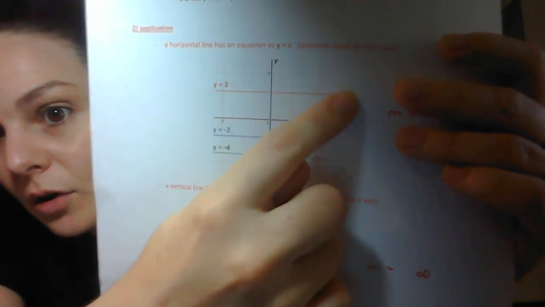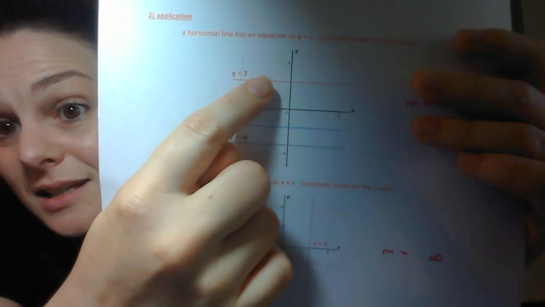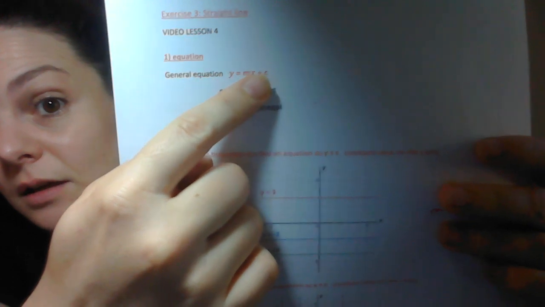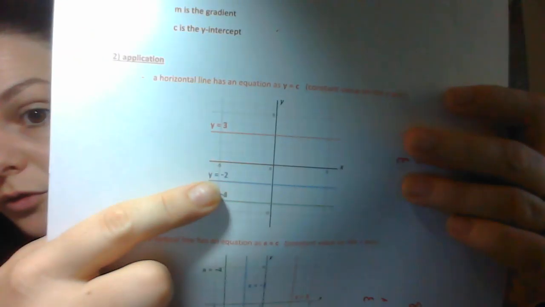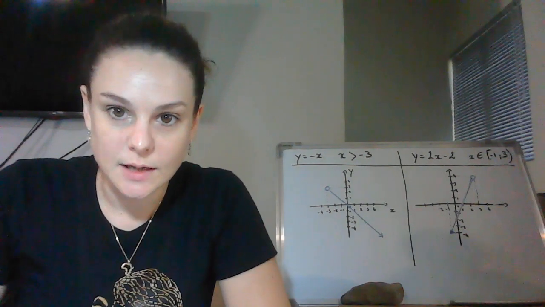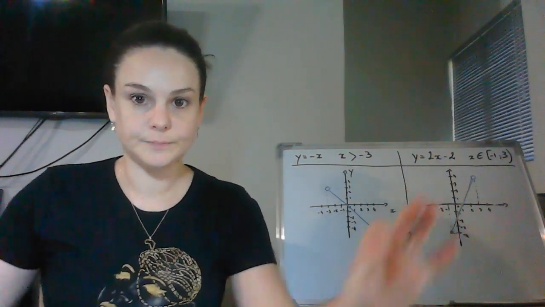So you create a horizontal line. For this specific line, the gradient is 0. So from this equation, y equals 0x plus c, y equals 3, you have a horizontal line here. You can have y equals minus 2, that creates a horizontal line at minus 2, y equals minus 4, etc. So if y equals a constant, you have a horizontal line, constant y value.